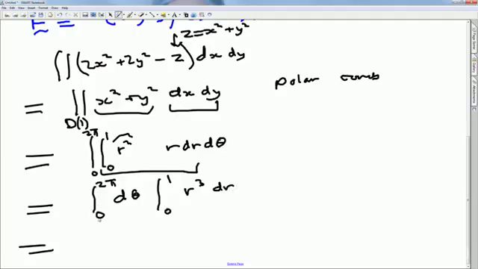The integral from 0 to 2 pi of d theta is just the length of that, so it's going to give you 2 pi. The integral of r cubed is going to give you r to the 4 on 4 between 0 and 1. Sub in 0 you get nothing, sub in 1 you get a quarter. So we're left with 2 pi times a quarter, or pi on 2, as our final answer.